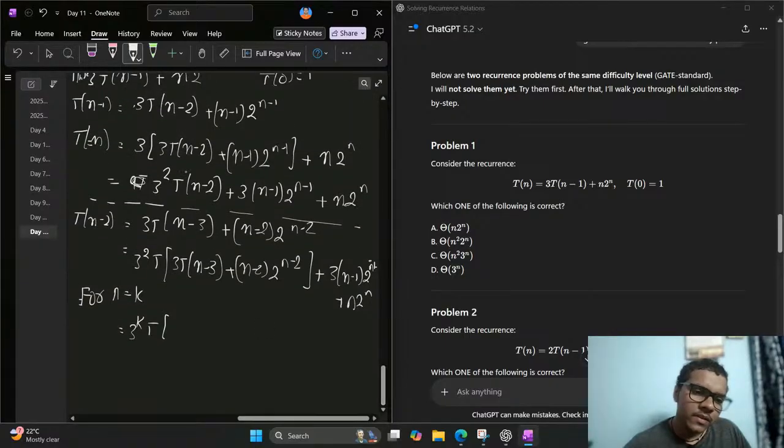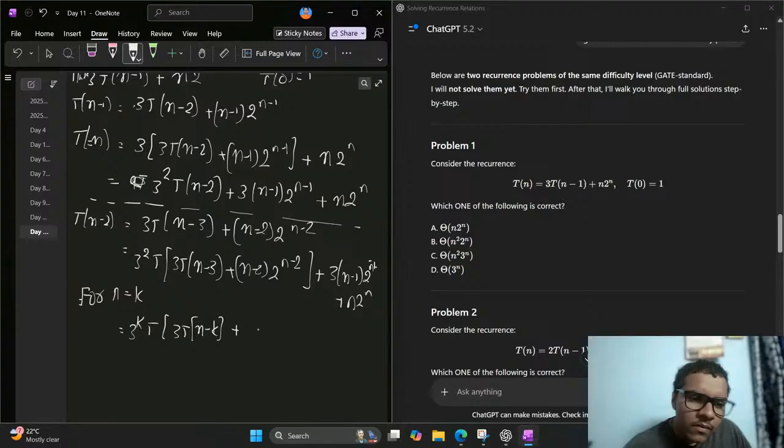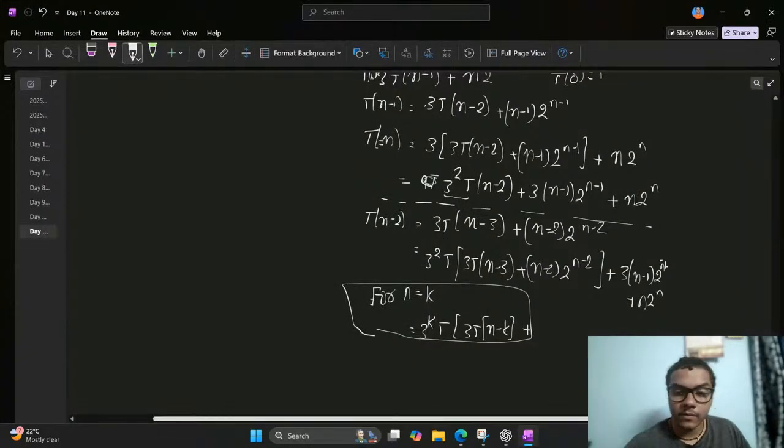Now if you look at this term and this term, 3T(n-k) plus... Okay, you did not expand that one. My bad, I did not expand that. Firstly, it is kind of small over here.